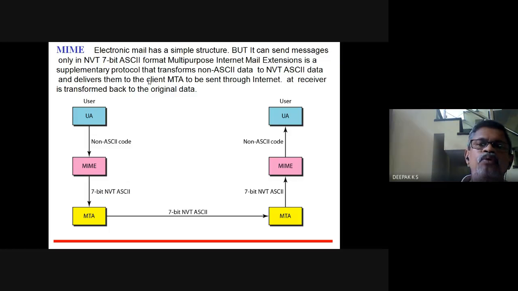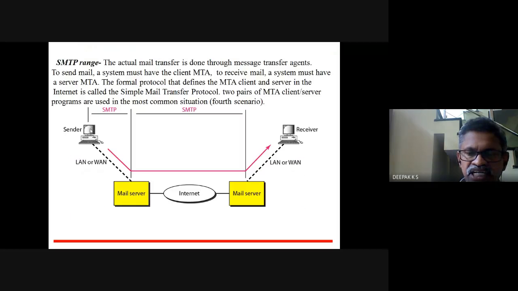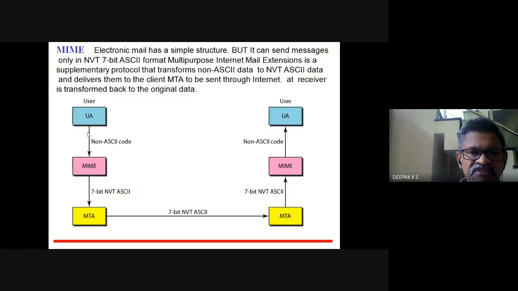Now, the Multipurpose Internet Mail Extension, MIME, is another component. Electronic mail has a simple structure, but it can send messages only in ASCII format. This is the format of the message transfer agent. So when a user agent is giving non-ASCII code, you need MIME to convert it into ASCII.